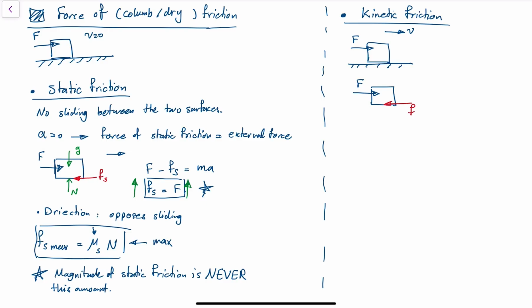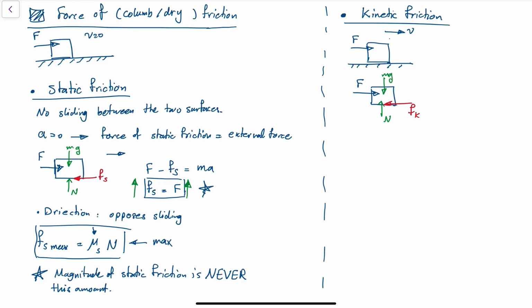You still have some friction. You still feel the friction of the table on your phone. Let's call it Fk to make it different. Still, possibly you have gravity and normal forces. Let's call it mg to be better.